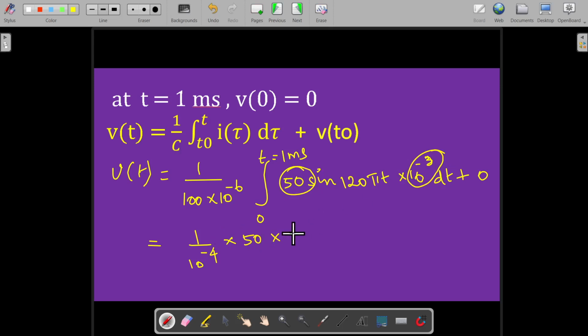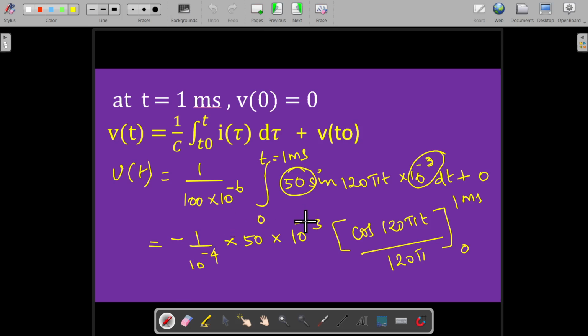So 50 into 10 power minus 3, and then the integral of sin 120πt dt is minus cos. So I'll take that minus sign outside: minus cos of 120πt divided by 120π, isn't it? With the limit 0 to 1 millisecond. So here this 10 power minus 3 and this 10 power minus 3 can cancel.